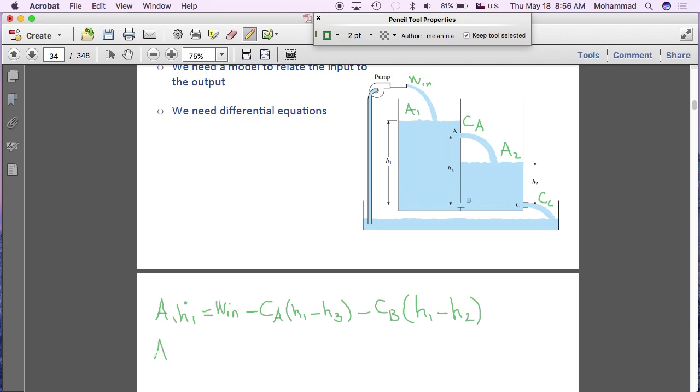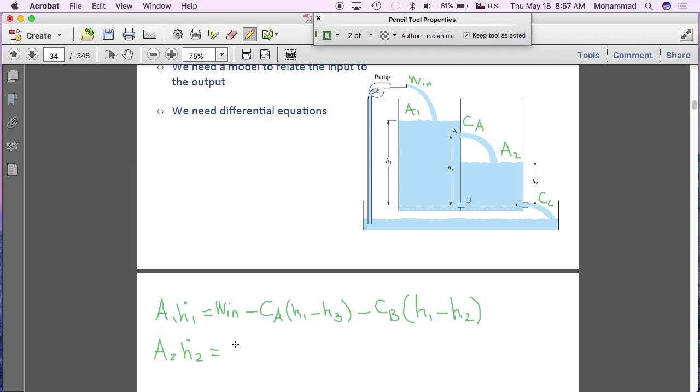So A2 H2 dot equals what? We need to put what comes into the second tank as positive and what goes out of the second tank as negative. So what comes into the second tank? There is the input from CA.